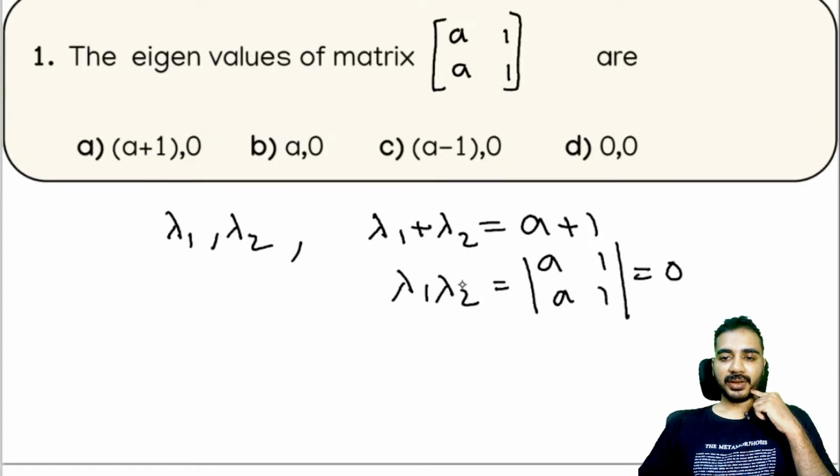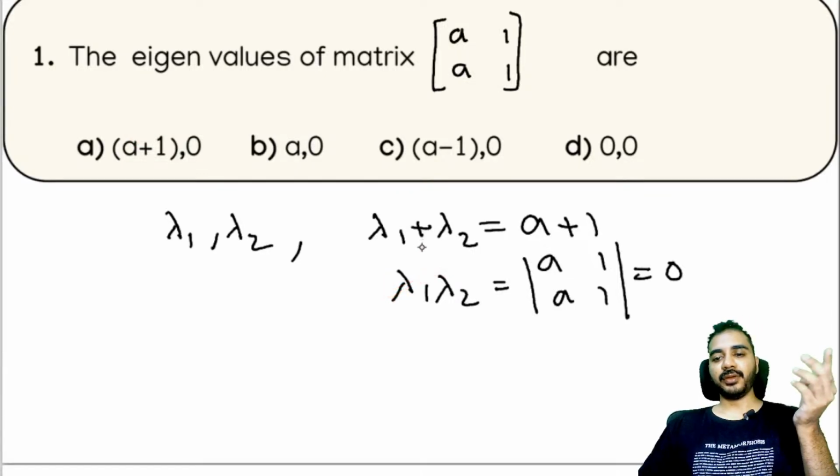Okay, then lambda 1 plus lambda 2, we are calculating this, a plus 1 plus 0, which is equal to a plus 1, so which satisfies this equation. Now a plus 1 into 0. Okay, when we do this, we will be getting 0 here. So it satisfies this equation also.